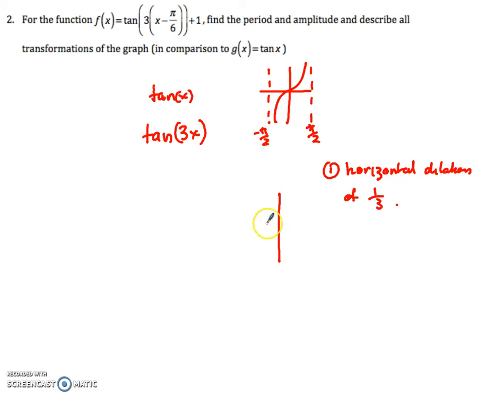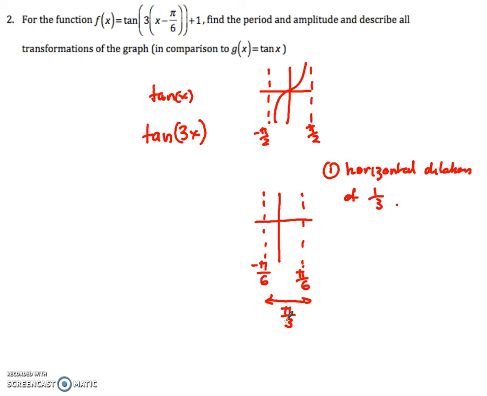So our new graph is going to have asymptotes where all the x values are divided by 3, essentially. So -pi/6 and pi/6 will be our new asymptotes. Notice, by the way, that the period for the parent function was pi. Now the period for our transformed function is going to be pi/3. So that's our first transformation there.